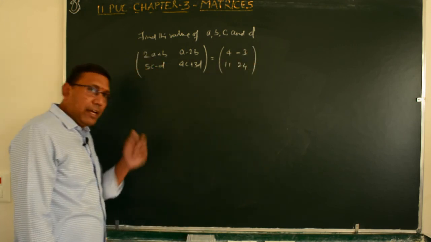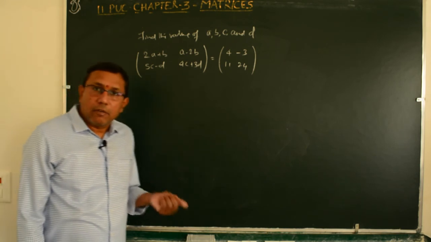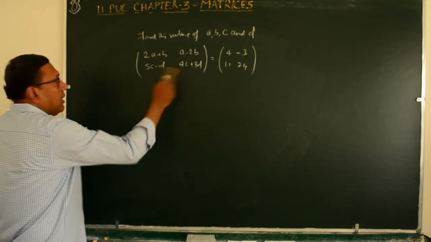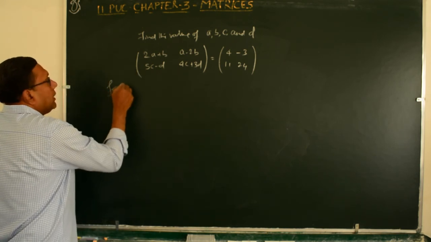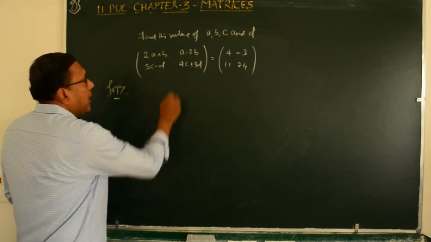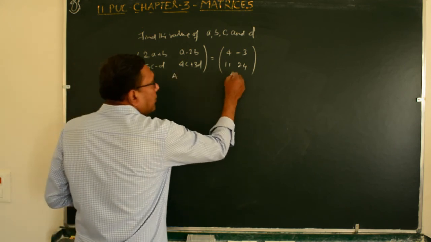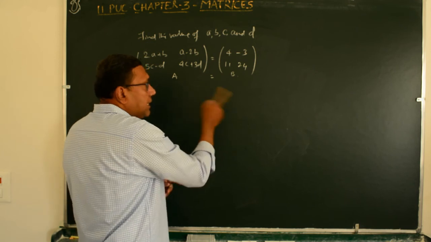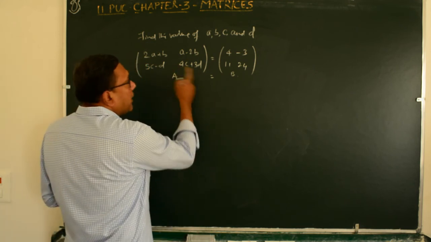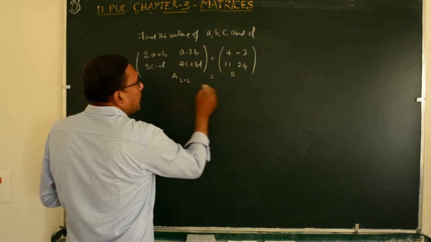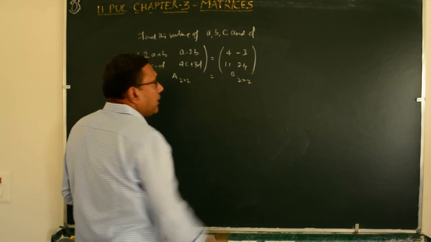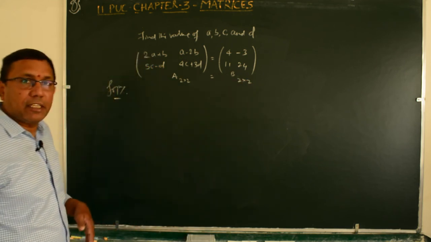So now we are actually using the equality of the matrix. We are equating the elements of matrix A and the elements of matrix B since they are equal. And if you look at the order, the matrix is 2 by 2, and this is also 2 by 2. From equality of matrices, what do we get?